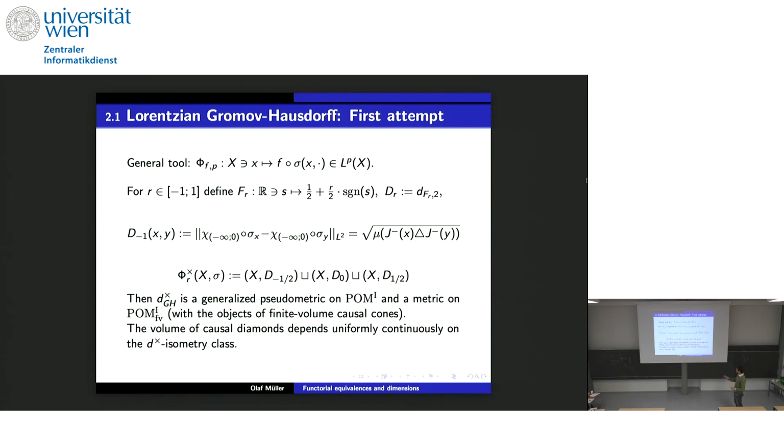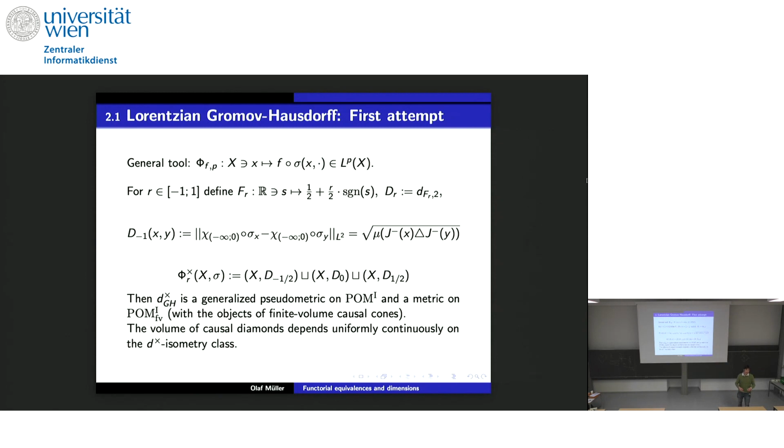And taking, for example, the measure of the symmetric difference of the past cones. You can do the same with the future cones, and you can take some mixture. And this is basically what you do in these three copies I took here. This is basically to ensure that the functor is injective, that you can reconstruct the spacetime from it.